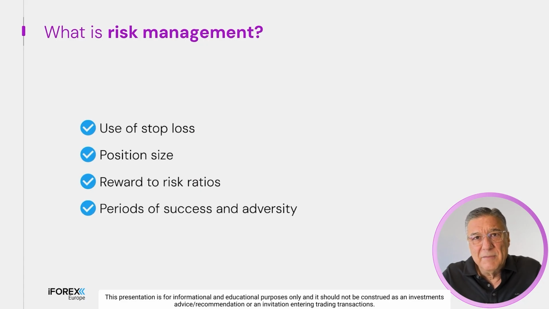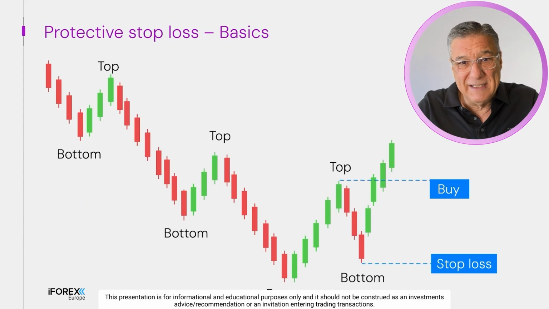We can use these terms interchangeably, reward to risk or risk to reward ratio. And what do we do in periods of success when we make profit or adversity when we lose money? Do we double? Do we triple our position size or do we reduce it? So we have to know what we do in these special cases.